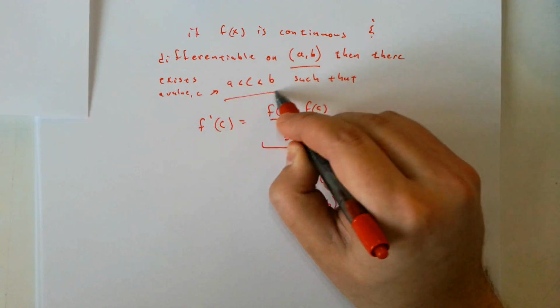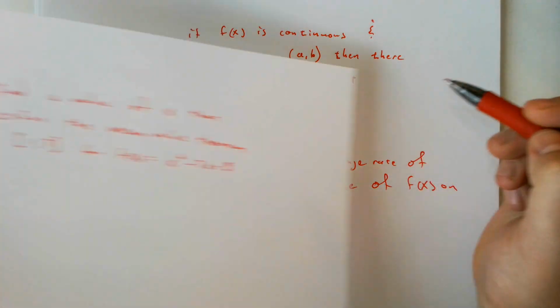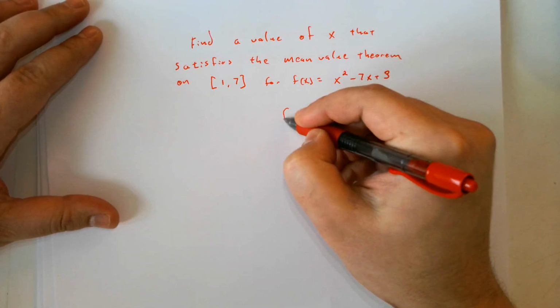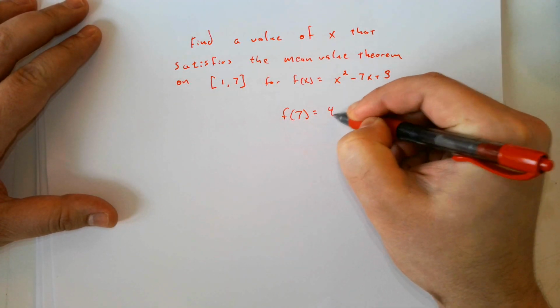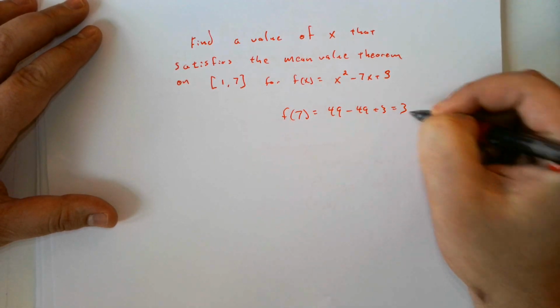So I need, right, a to b, f of b, f of a, 7 and, b and a. F of 7 equals, let's see, 49 minus 49 plus 3 equals 3.